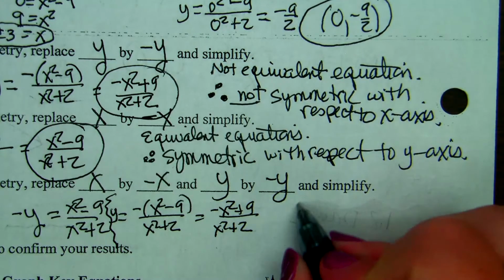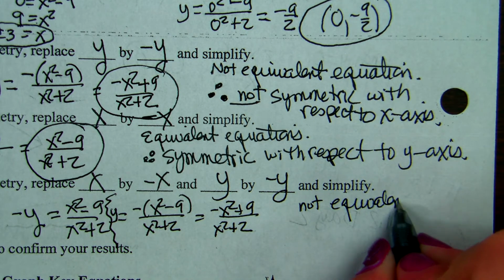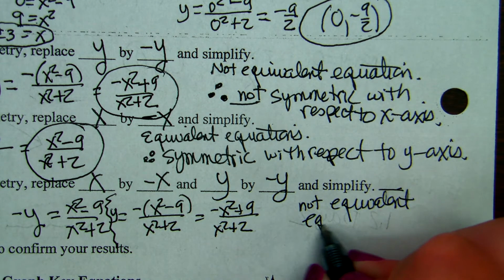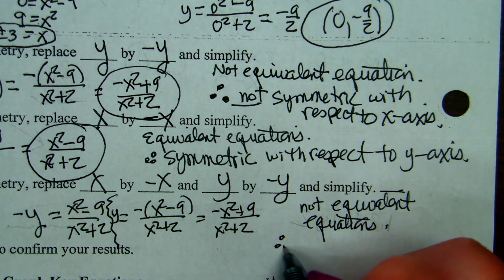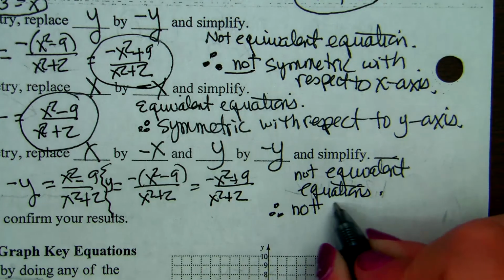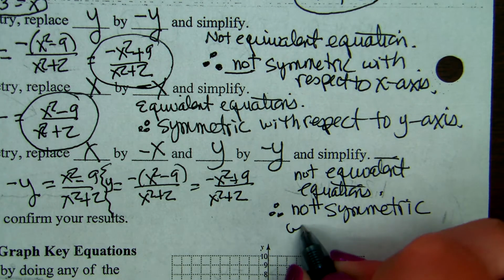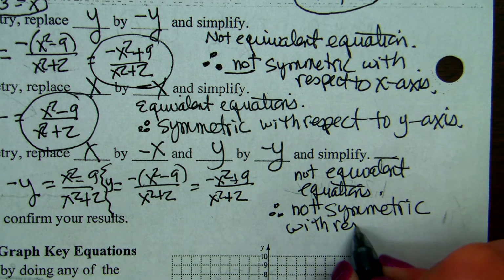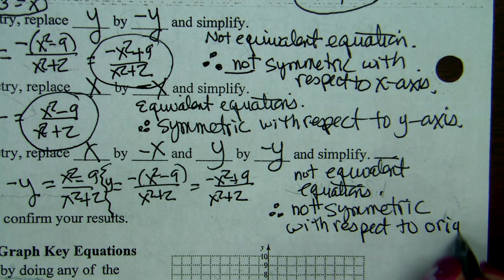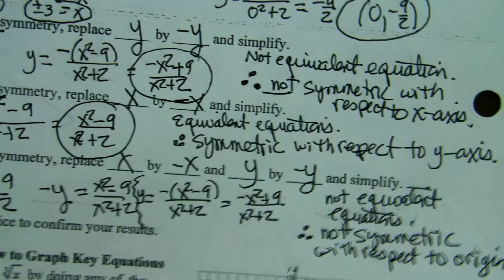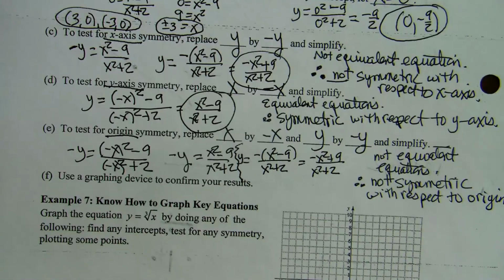So we write not equivalent equations, therefore not symmetric with respect to the origin. So there's an example of how to test for each type of symmetry.